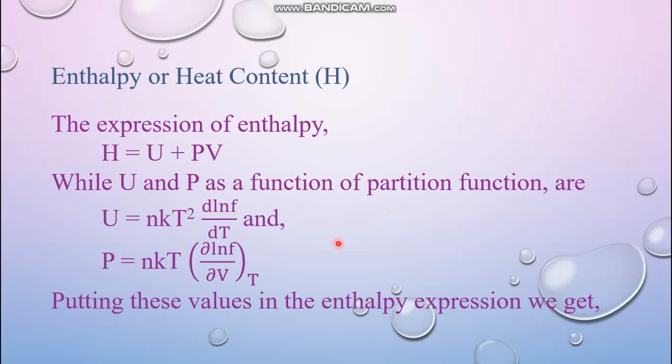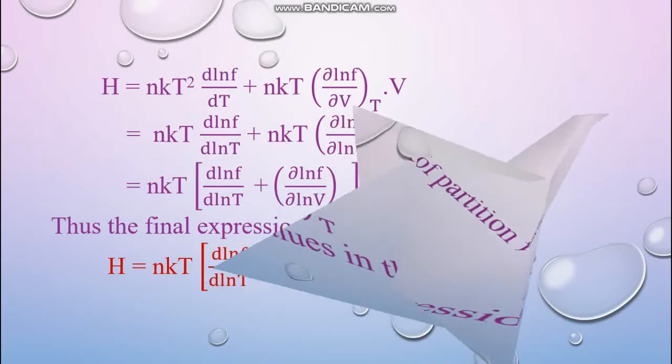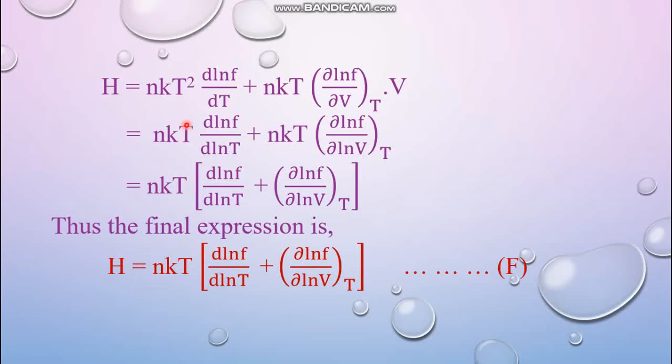So put these values in the expression of enthalpy. So you get NKT square d ln F by dT plus NKT del ln F by del V into V. Then this V can be merged with this del V, so you can write del ln V. And from T square you borrow one T in order to merge with this dT, so you can write here d ln T, and this T square would become T. So finally you get d ln F by d ln T here, and here del ln F by del ln V at constant temperature.